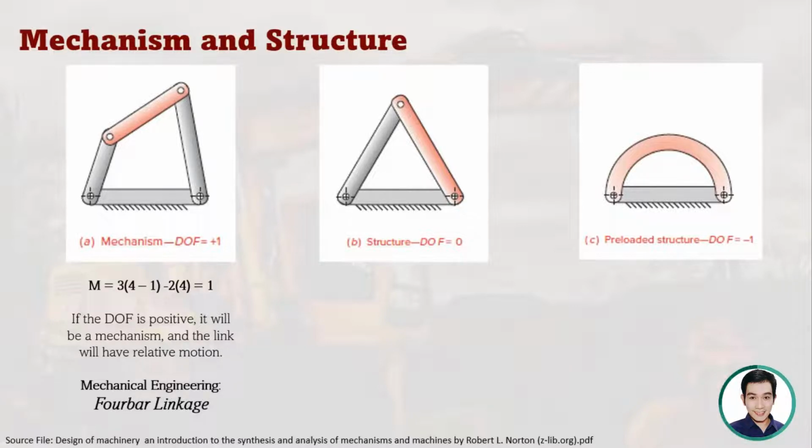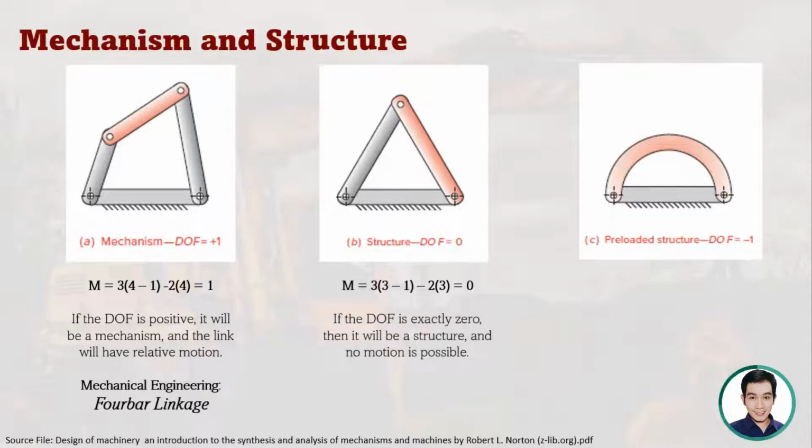The second photo, we can see there a structure. If you compute the mobility of that, knowing that the number of links is 3 and the number of full joints is also 3, then we get that the degrees of freedom is 0. If the degree of freedom is 0, then we have a structure, and there is no motion possible.